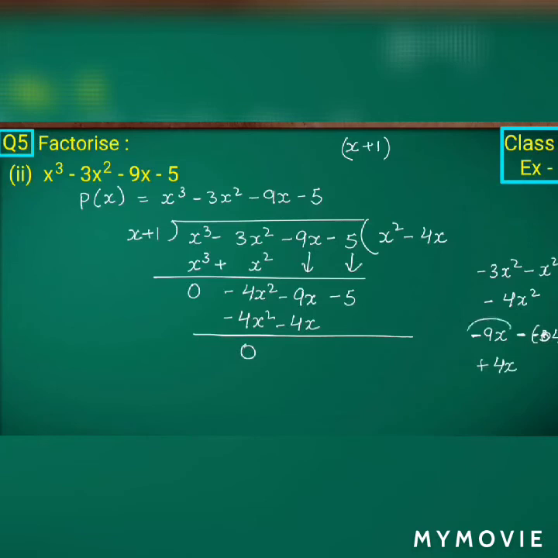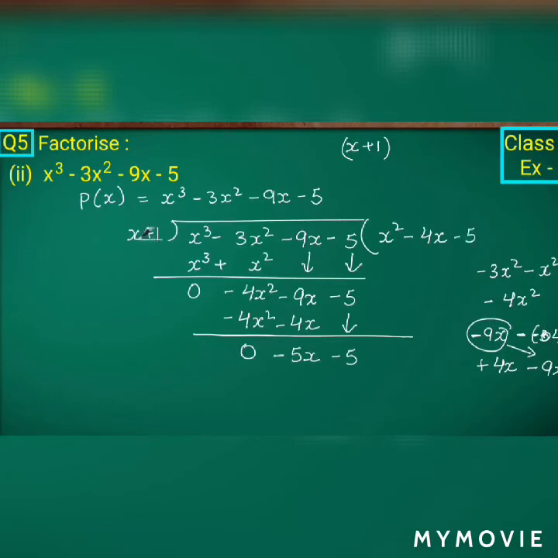So plus 4x minus 9x, what term are we getting? Minus 5x, isn't it? We have to do subtraction, that is minus 5x. The next term is minus 5. Now we have to cancel the term minus 5x. So what term do I have to take? Minus 5, isn't it?